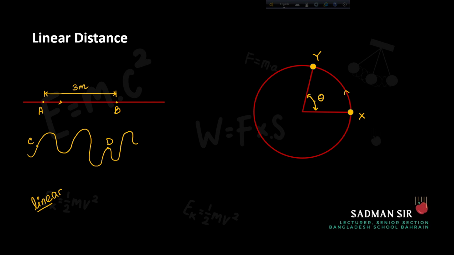Now this angle that is formed at the center is called the angular distance covered by that person. So you understand that linear distance has to be along a line, but the angular distance will necessarily be an angle. So angular comes from angle. So this angle theta that is formed at the center is called the angular distance covered by that person.